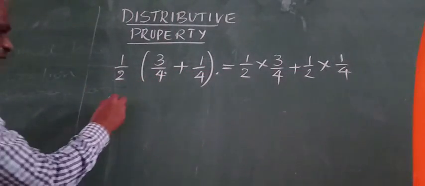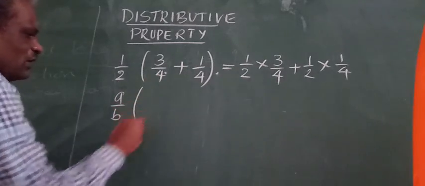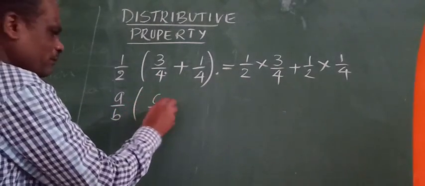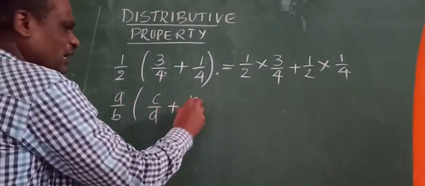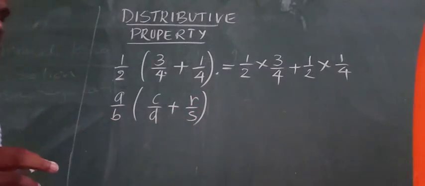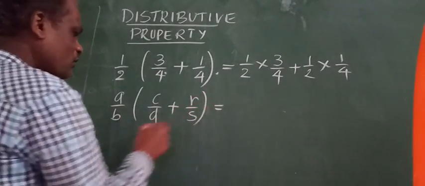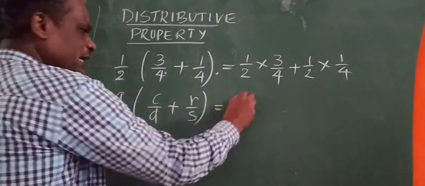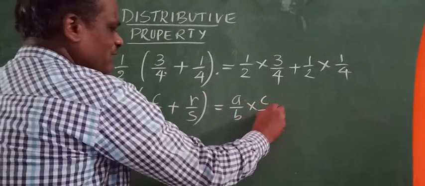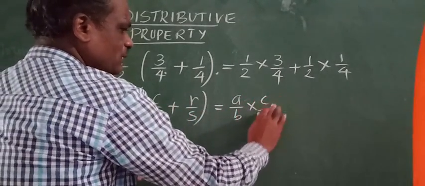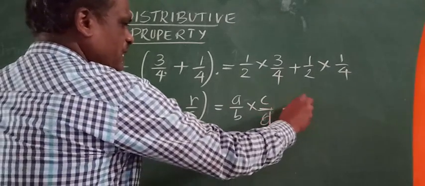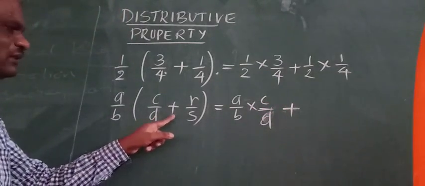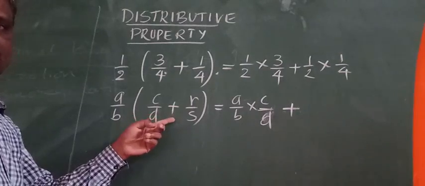Suppose in general I write a by b as one number, then c by d, then r by s. In general form I am writing. Then it will be equal to a by b into c by d, plus, if there is a plus sign you write plus, if it is a minus sign you have to write minus here.